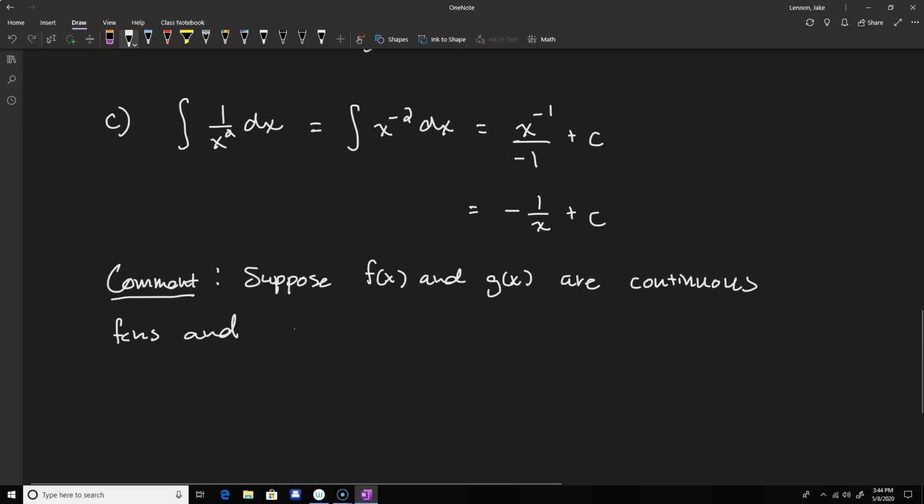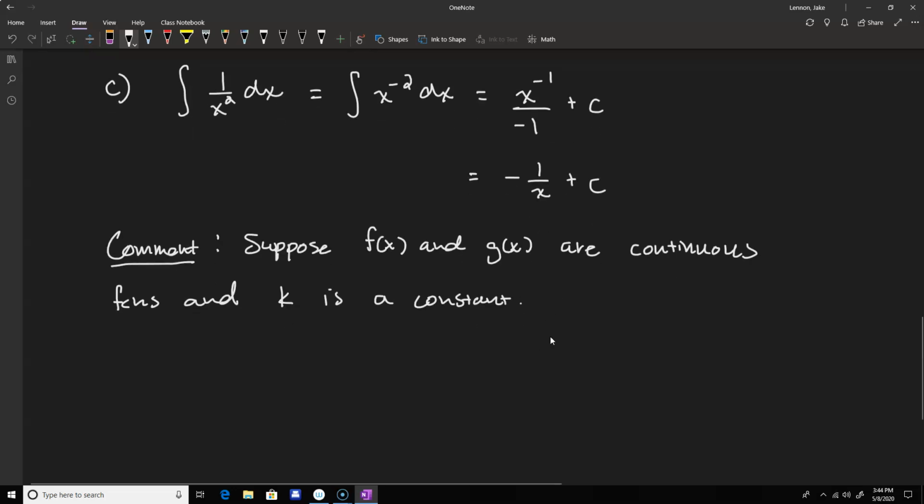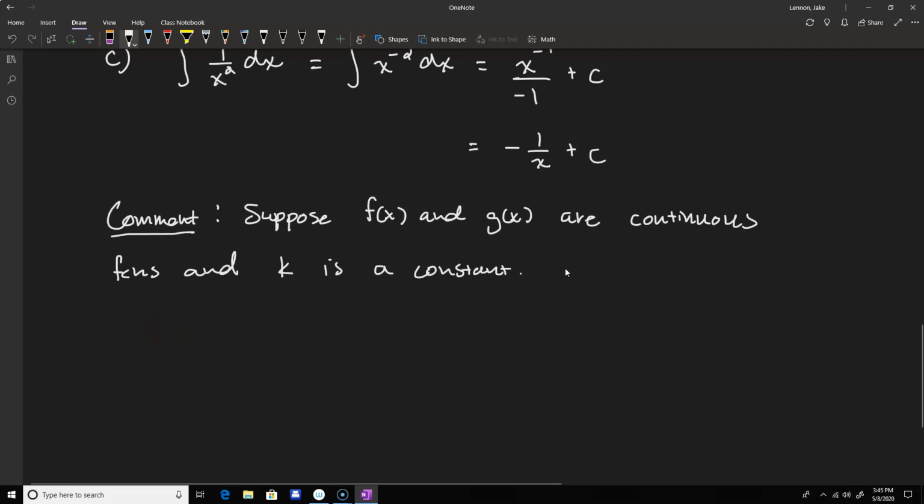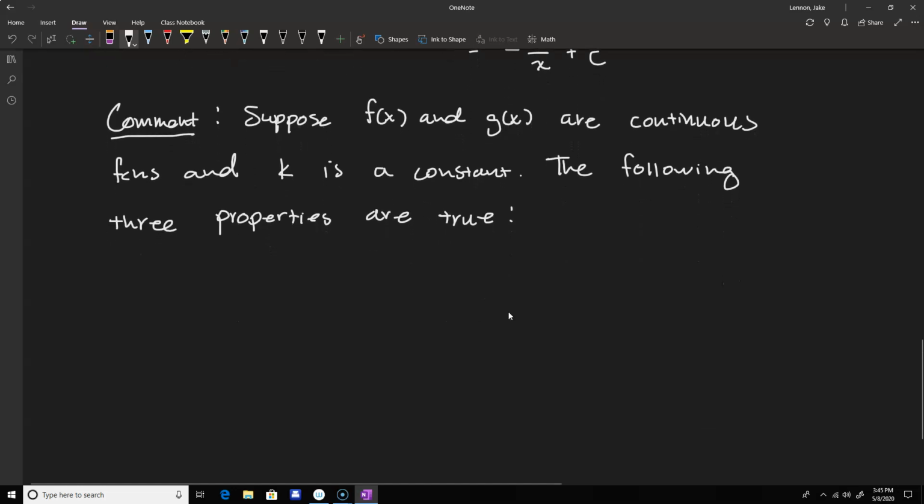And let's say k is a constant. So what are the properties we have here? The following 3 properties are true. And again, they're analogous to ones we have for the derivative.